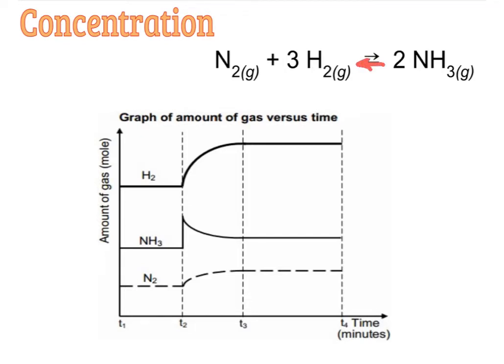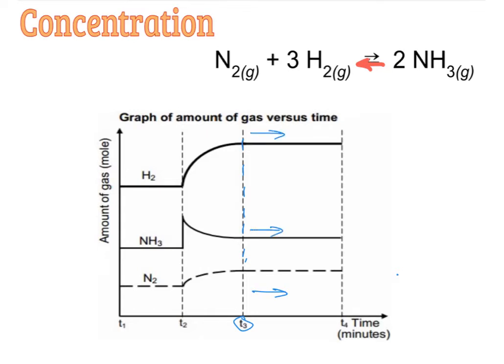And on the graph, we see the decrease in the concentration of ammonia while there is an increase in the concentration of hydrogen and nitrogen. And here and forward, the new equilibrium is established. Concentration of reactants and products once again remain constant over time.